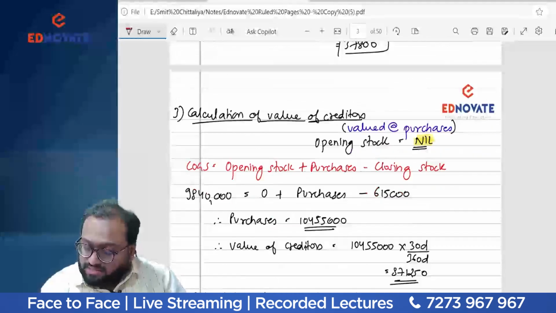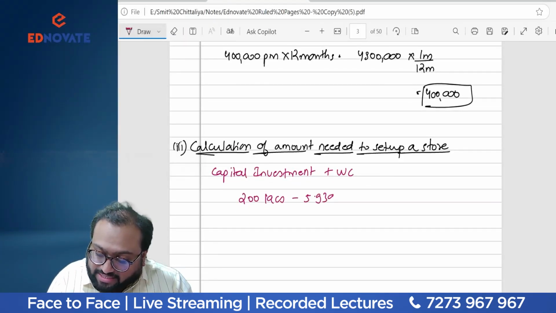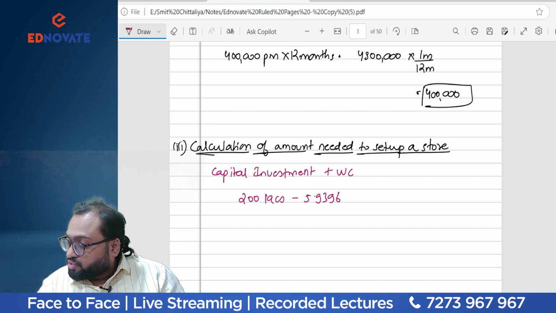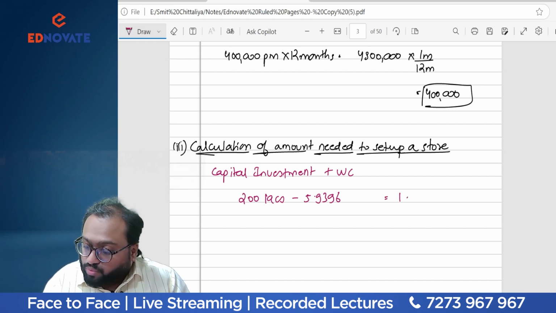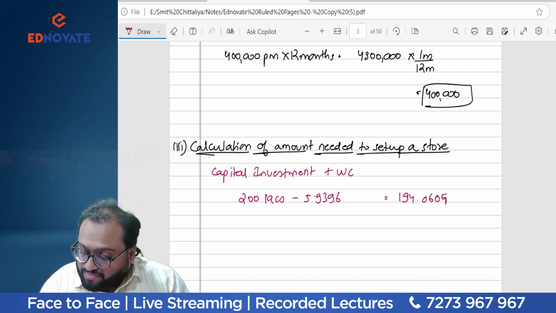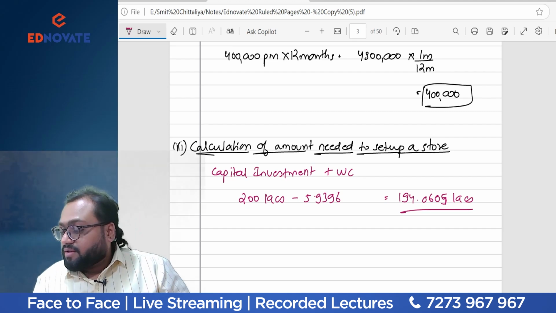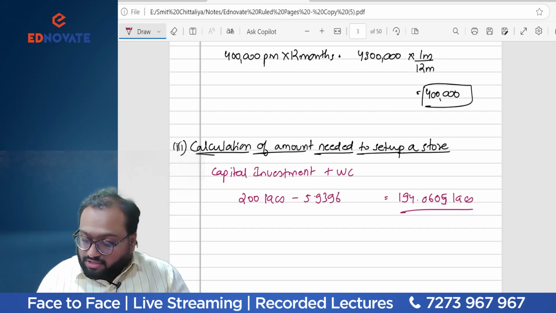So 200 minus 5.9396. It will be somewhat 194.0604 or 05 lakhs. Since rounding up, it will be 194.0605 lakhs. And here again option 1 is correct.